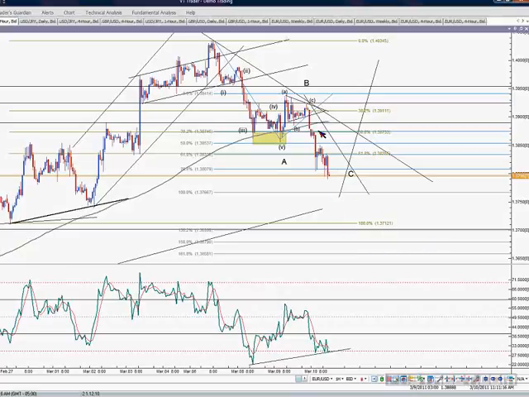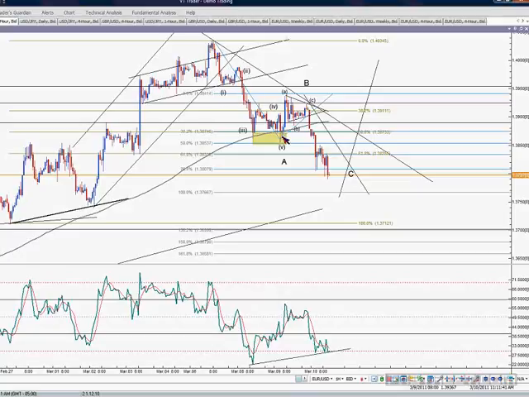Okay, but if the market rallies and breaks back above 1.3850, that's going to be an early signal that this is indeed a complete corrective wave. ABC, we see the ABC correction in the 4-hour time frame, but we go to the 1-hour time frame and we see the internal structure, and it's very clear.